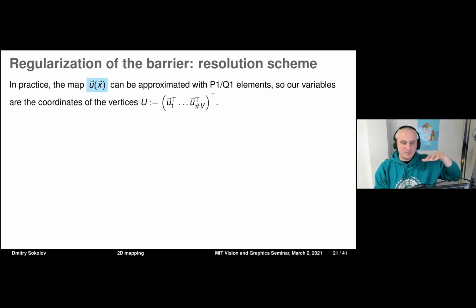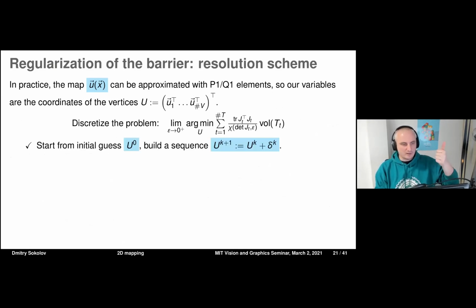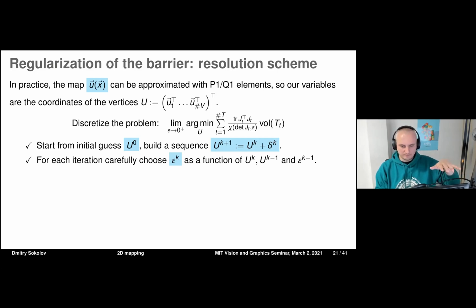In practice, the map U is piecewise affine and can be represented by the coordinates of the mesh. We can discretize the problem as follows. And then we start from an initial guess U0, and it can be a random initialization or even all mesh degenerated to one point. And then we build a sequence of approximations. For every iteration, we must carefully choose the regularization parameter epsilon.